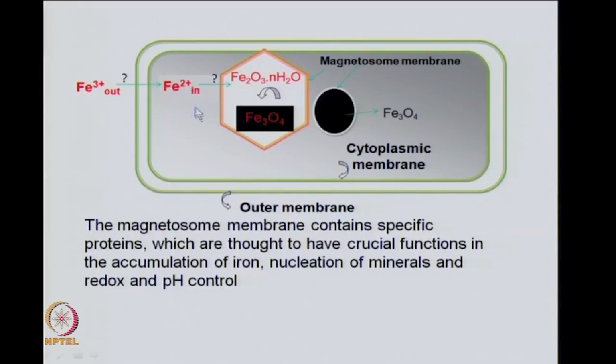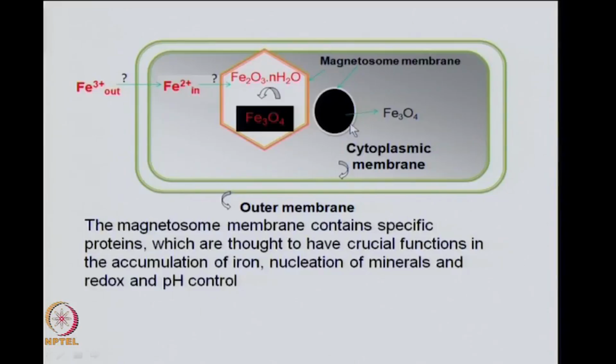From Fe2+ within the cell, it enters the magnetosome. We have pictured the magnetosome like this, where once it comes inside you get hydrated ferric oxide. So, all this iron is Fe3+, and here Fe2+ is there. Together, Fe3+ and Fe2+ give you Fe3O4. Ultimately you get a particle which has Fe3O4 inside, with a membrane outside.